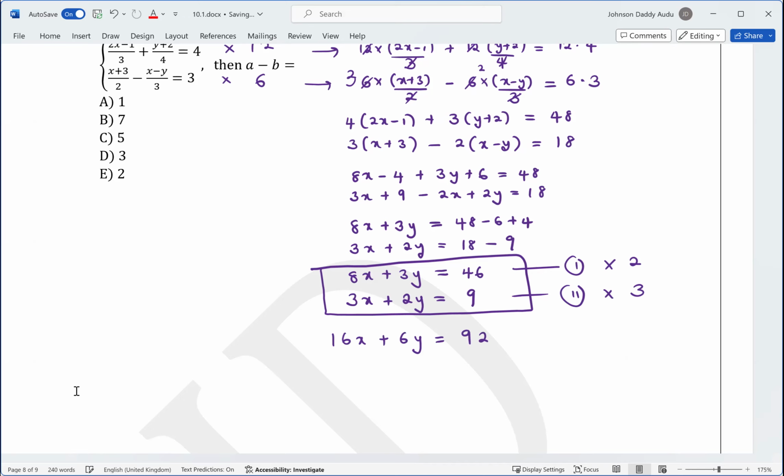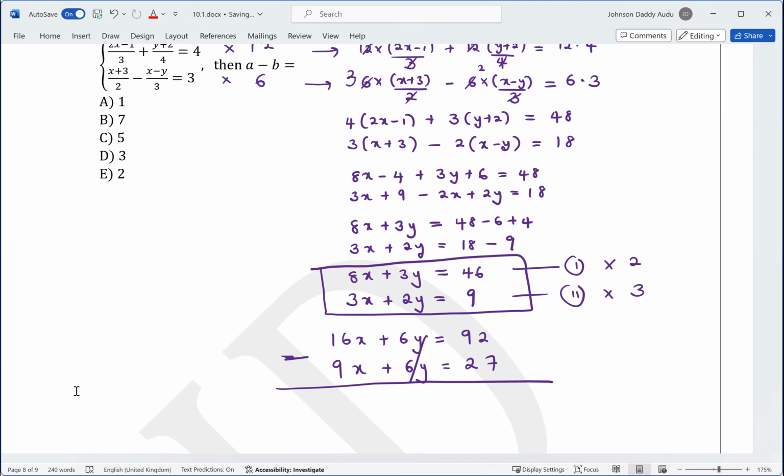And here, multiplying by 3, this is going to be 9x plus 6y equals 27. Here we can subtract. If you subtract, you will eliminate the y.